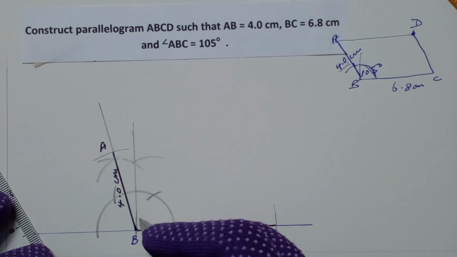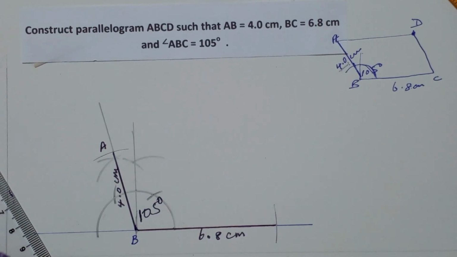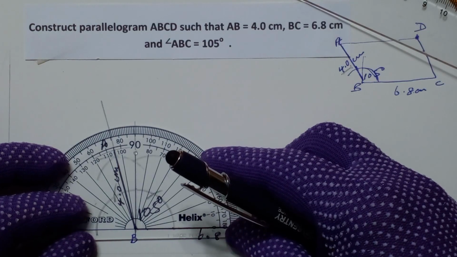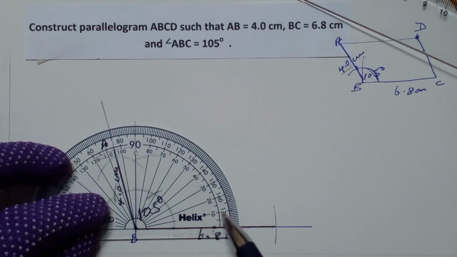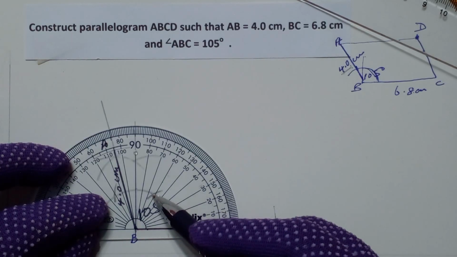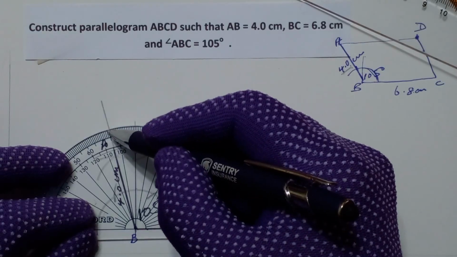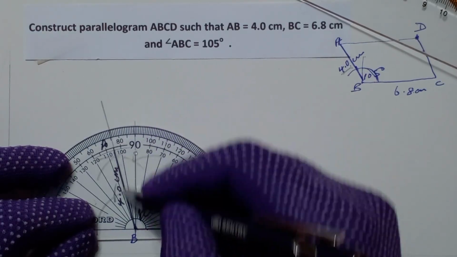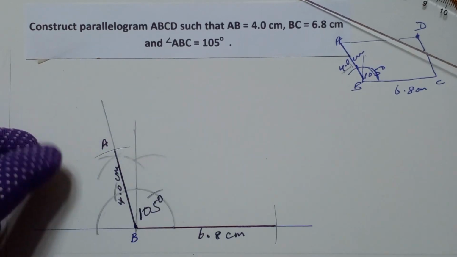Remember, this angle here is 105 degrees. As you can see, that would have been 60, 120, 90, 105 degrees. This is 105 degrees.